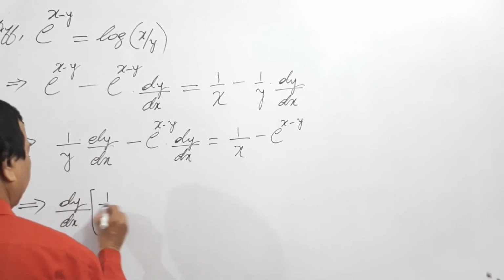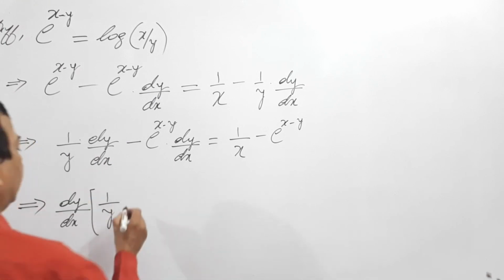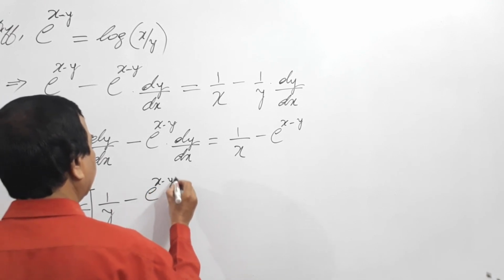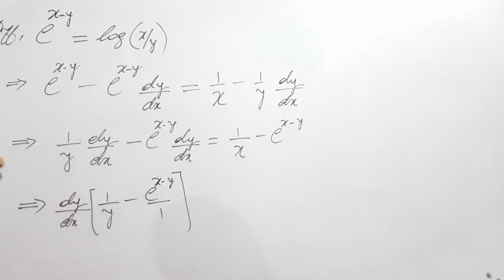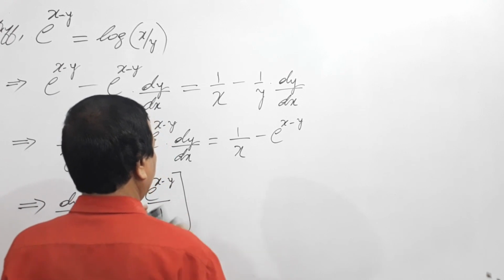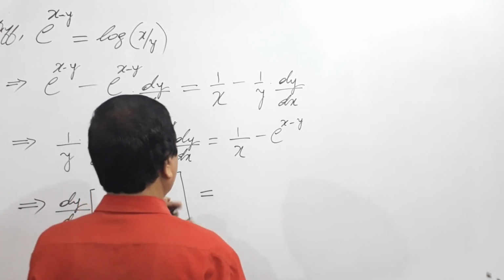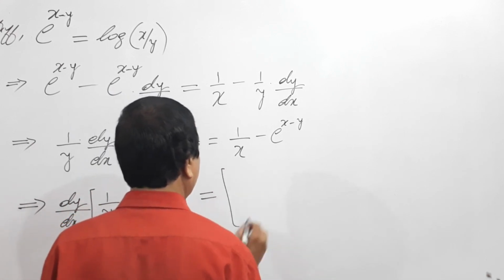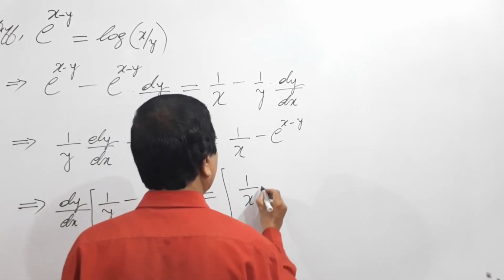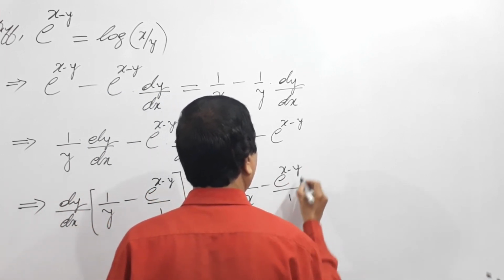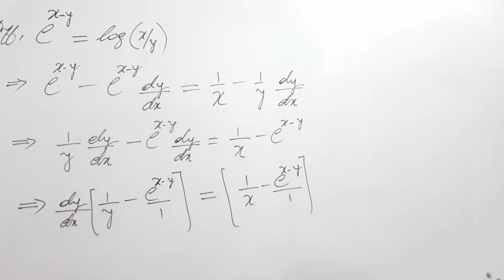So you'll have 1 by y minus e to the power of x minus y by 1 equals to, I'll use bracket, so this becomes 1 by x minus e to the power of x minus y by 1. So I'll rub this.